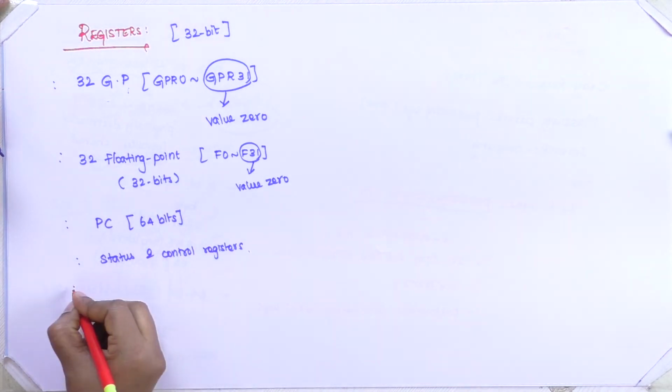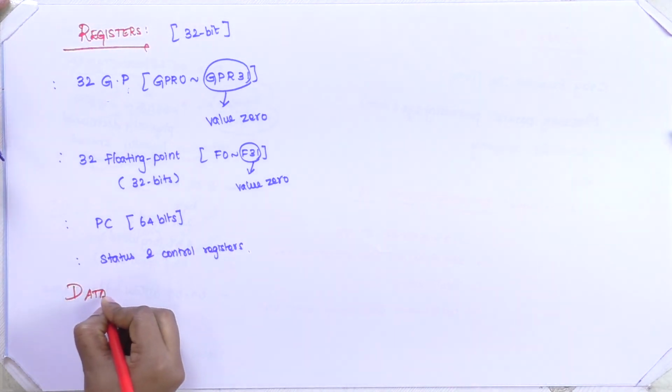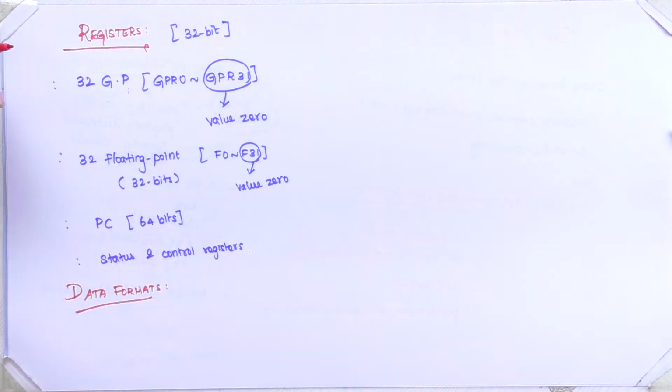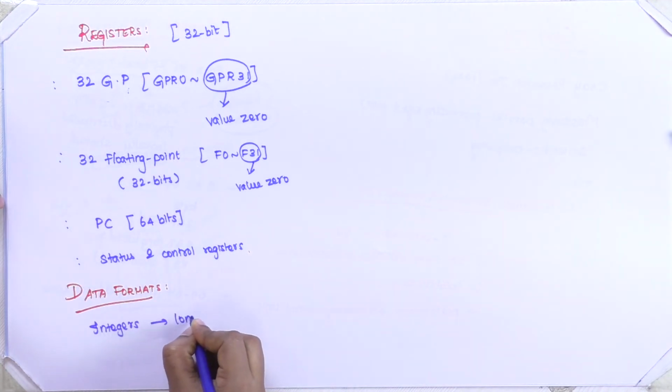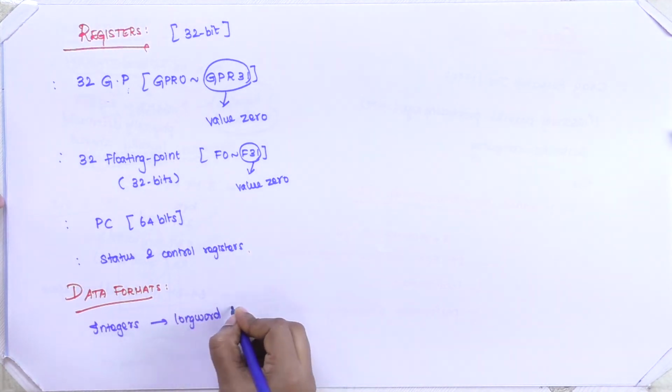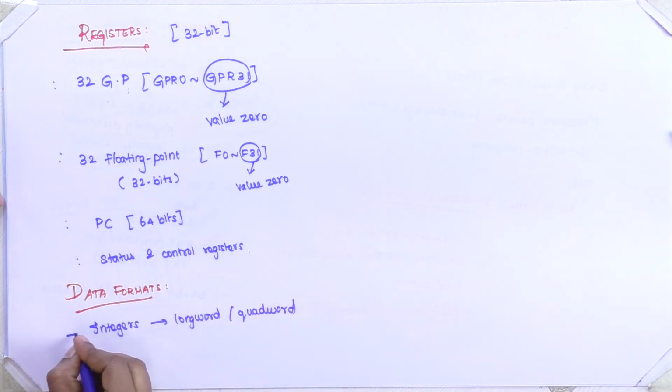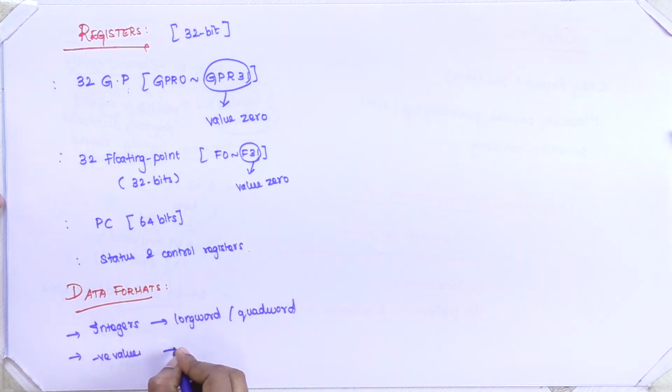Our next hardware feature is data formats. In data formats, integers are stored as long word or quad word. For storing negative values, the 2's complement method is used.